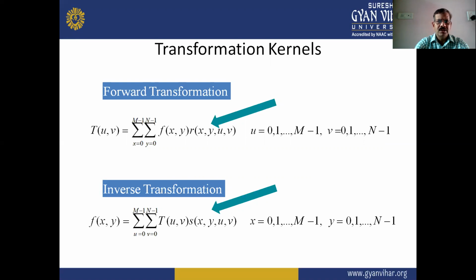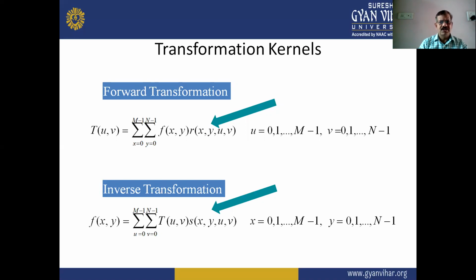In the forward transformation, T(u,v), that is the T function, equals the summation over x equal to 0 to n minus 1, and the second summation over y equal to 0 to n minus 1, of f(x,y) into r(x,y,u,v), where u equals 0, 1 and so on to n minus 1, and v equals 0, 1, 2 up to n minus 1. So this is the forward transformation.